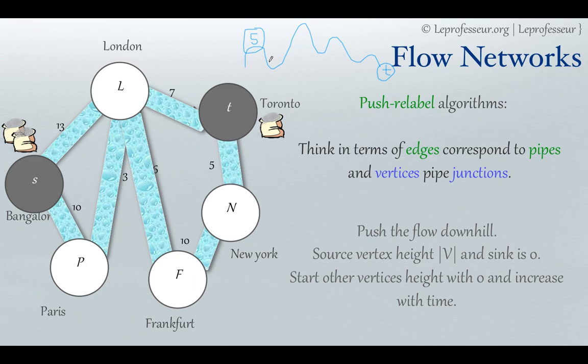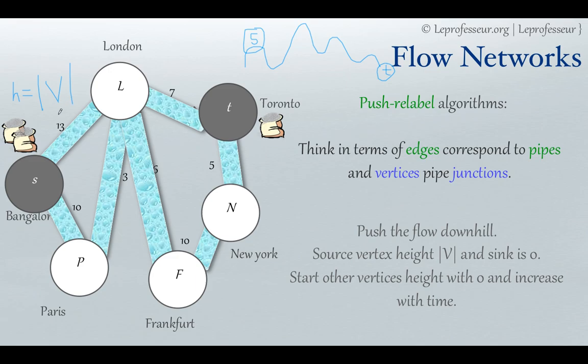Think in terms of how the water, the fluid, is flowing in the network, and keep pushing the flow downhill towards the sink, starting from the source vertex. Here we are saying the source vertex is Bangalore. So initialize the source vertex height with whatever number of vertices you have in the graph.